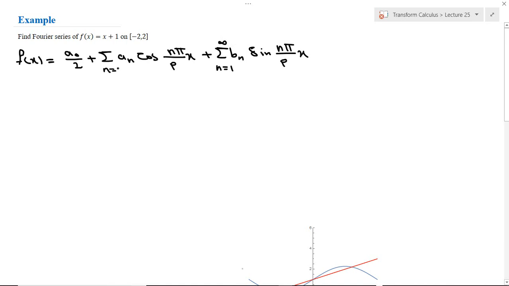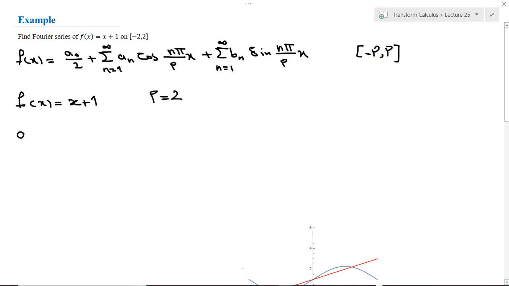We define it on the range of minus p to p. So in our problem, f(x) is equal to x plus 1, and we have p from minus 2 to 2. As a result, p is equal to 2.